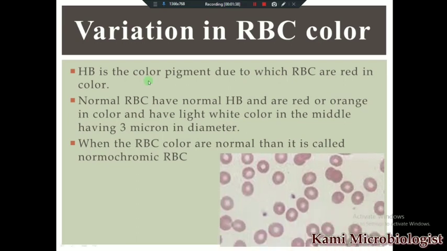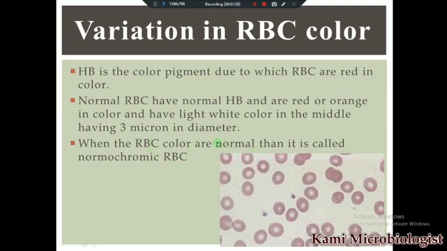If I show you the picture, this is the microscopic field, and you can see the RBCs, red in color, with a light white area in the middle, about 3 micron.